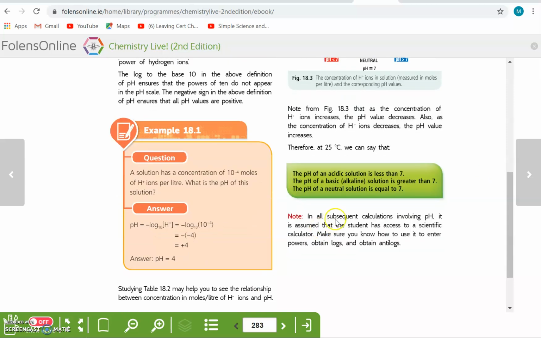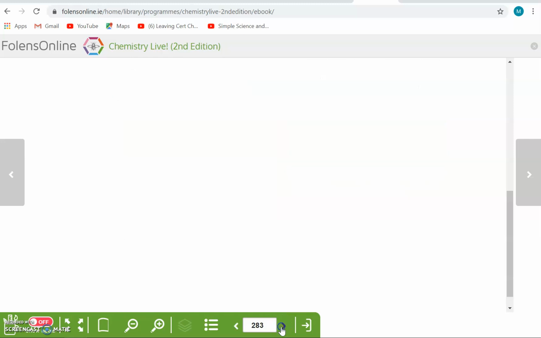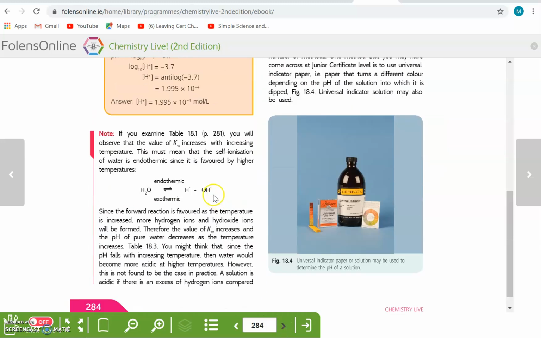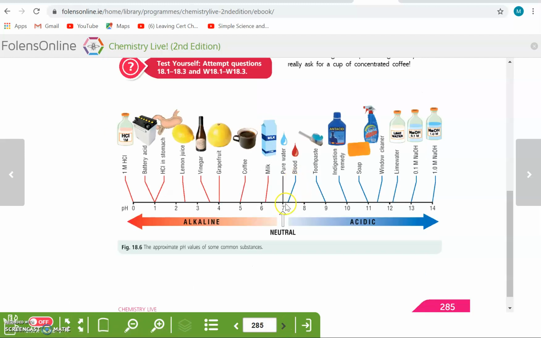Just a few little things on this. We know the pH of an acidic solution is less than 7, neutral is 7, and greater than 7 is a basic solution. That's just stuff from before. We've looked before, when we did titrations, at indicators which change colour depending on whether they are acids or bases, and we have a little section on indicators at the back end of this chapter which we'll chat about as well.